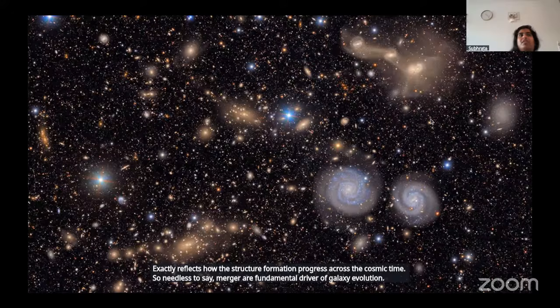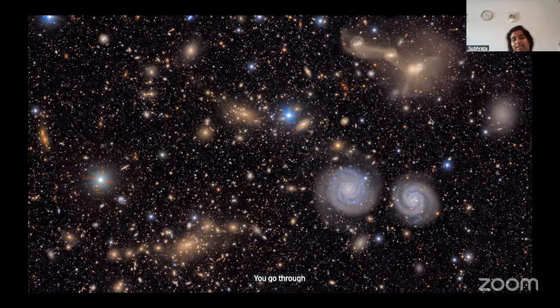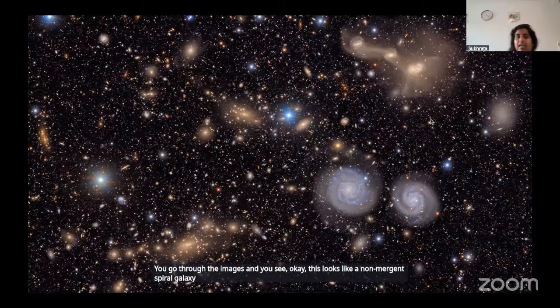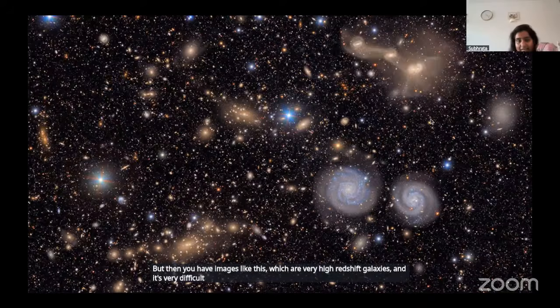Now, to study mergers, it's very important to identify them. One of the oldest methods is visual classification. You have images, you go through them and say, okay, this looks like a non-merger spiral galaxy, and these are probably merger galaxies. But then you have images like this, of very high redshift galaxies, and it's very difficult to understand what exactly is a merger.